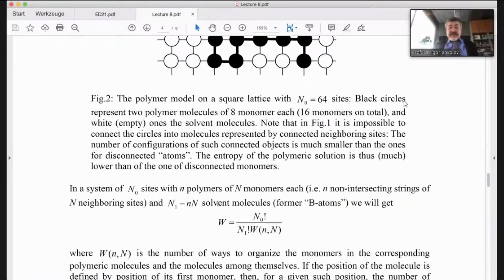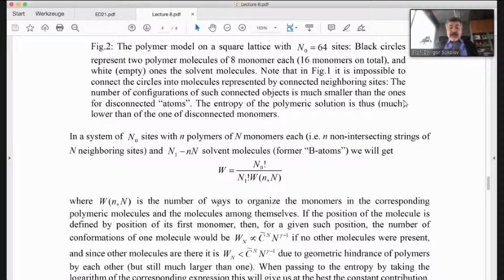To see this, let me have a look at the total number of possibilities to make the arrangements. So this is what we already discussed in our combinatorics in the beginning. Something is very simple. It's the overall number of permutations of how you can choose the sites before placing atoms.